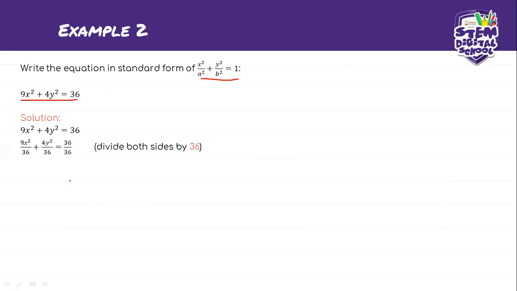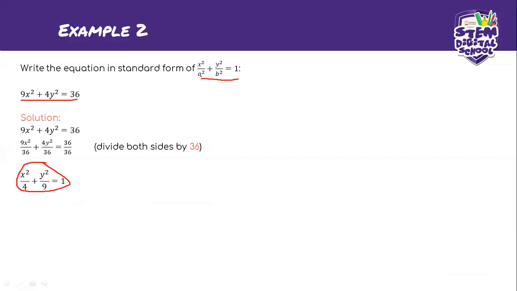Then you have this: 9 into 9 is 1, 9 into 36 is 4, 4 into 4 is 1, 4 into 36 is 9, equals 1. So now we have a normal ellipse equation.